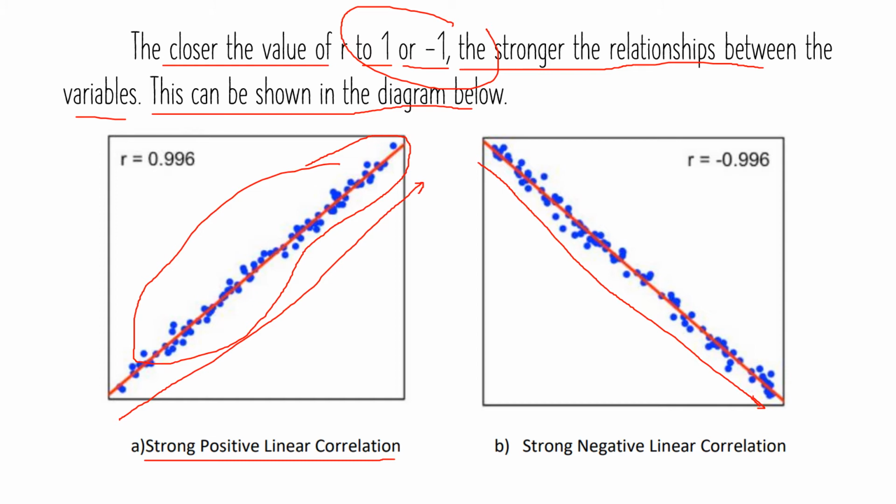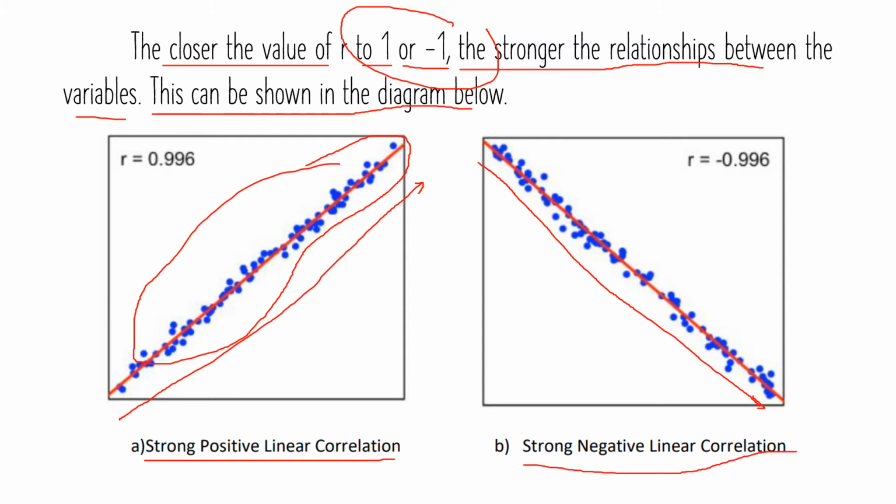Same thing with a negative correlation: most of your points fall exactly on your line, but not all. If the points follow a direction where the line falls from left to right, then that's a strong negative linear correlation.